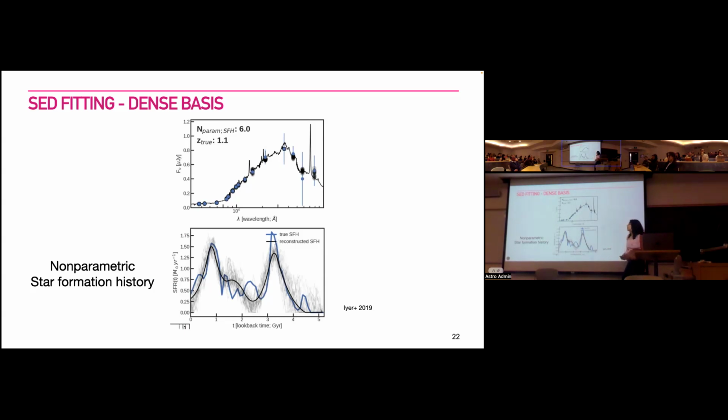How it works is that you insert data points, and then it finds a fit. And then the star formation history is defined by when the galaxy would have formed 25%, 50%, and 75% of its mass. And that's how the non-parametric star formation history is reconstructed.